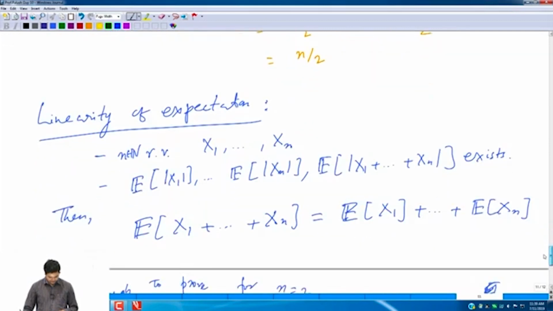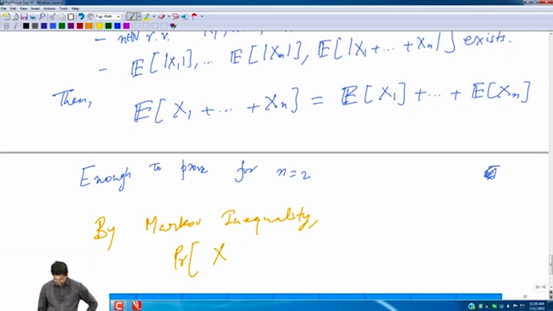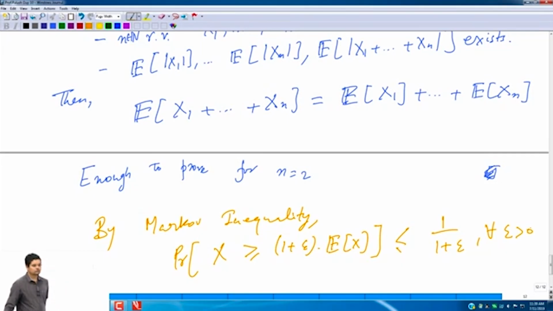So we can apply Markov inequality and get, by Markov, that the probability that x takes value 1 plus epsilon times more than expectation of x is less than or equal to 1 by 1 plus epsilon.